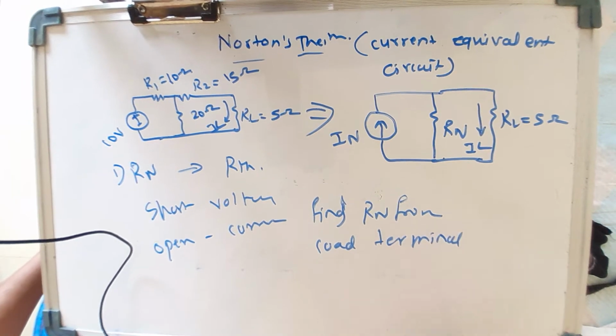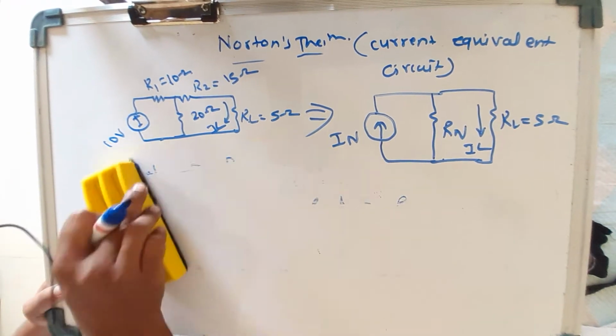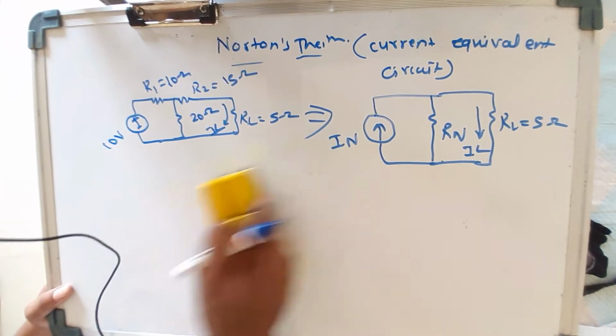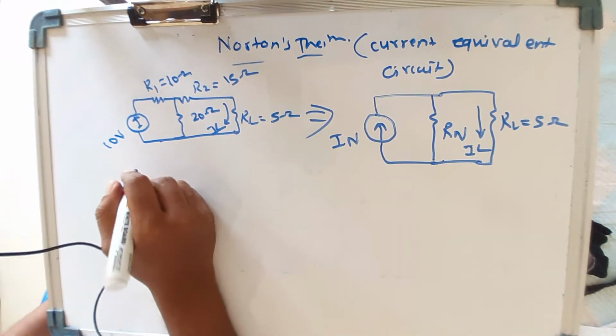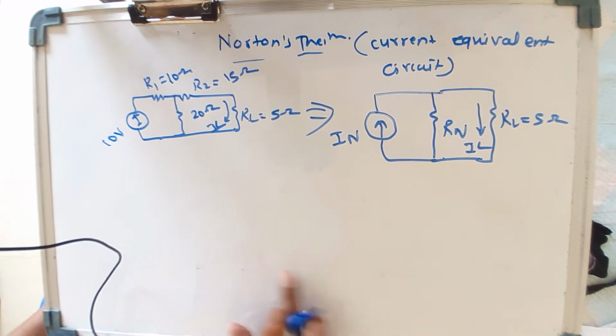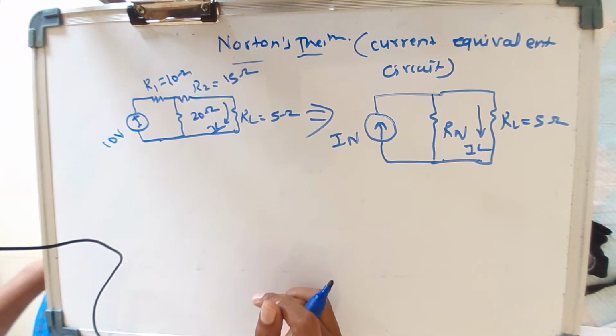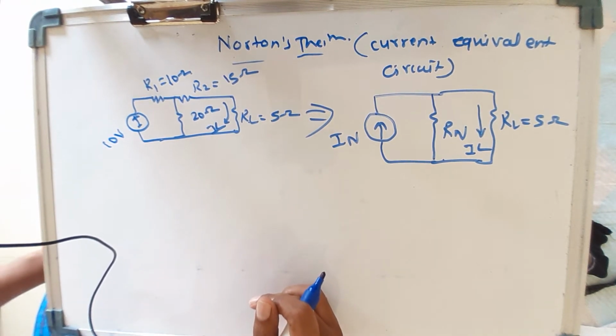Okay, so for finding IN, the steps I previously mentioned by mistake, short the voltage source and open the current sources, that should be for finding Rn.